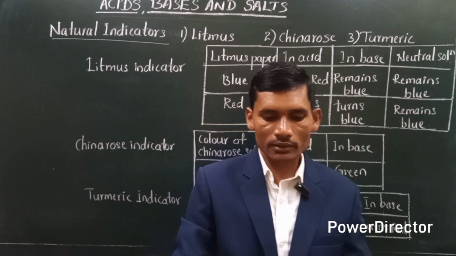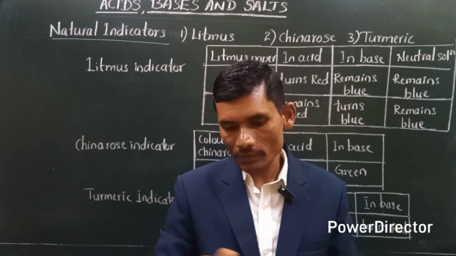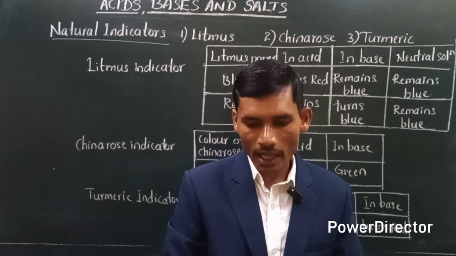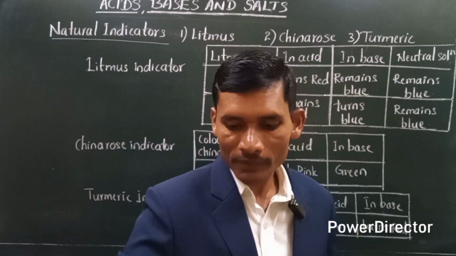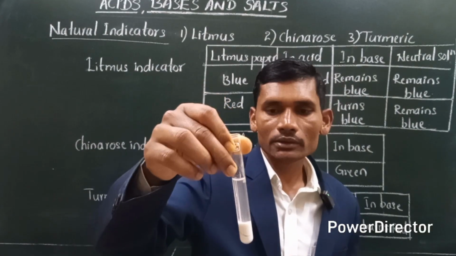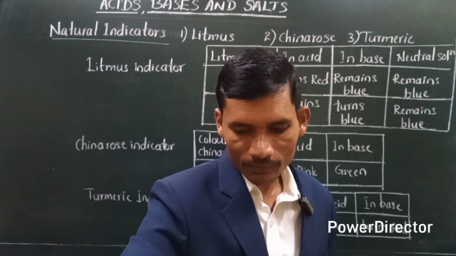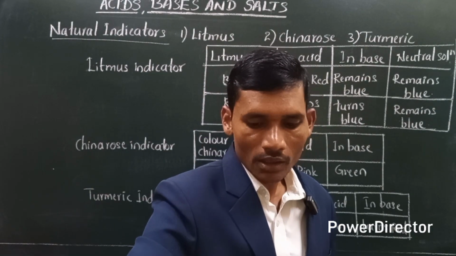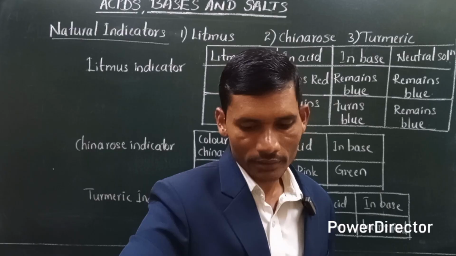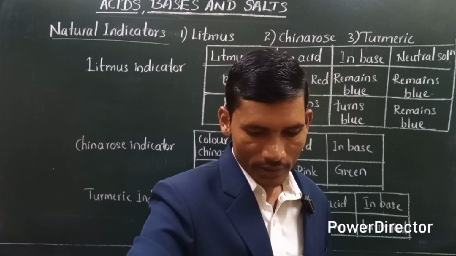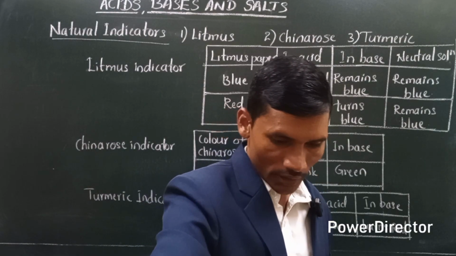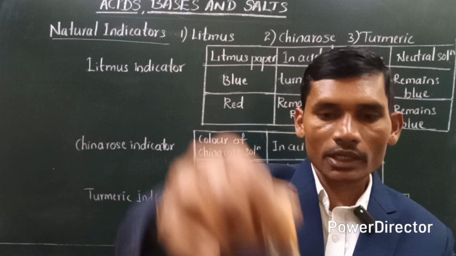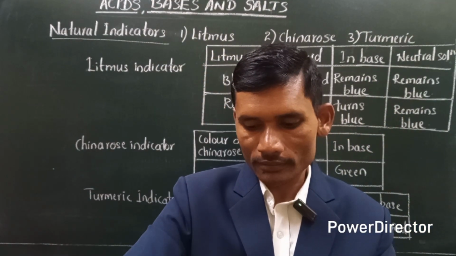So this is how we can decide which are acids and which are bases, as we learned already. Here, the floor cleaning liquid is an acid, right? Next, calcium hydroxide is a base, right? Toothpaste is a base. Mouthwash is a base, right? These are all bases. Next, the washing machine liquid that we tested is also a base, right?